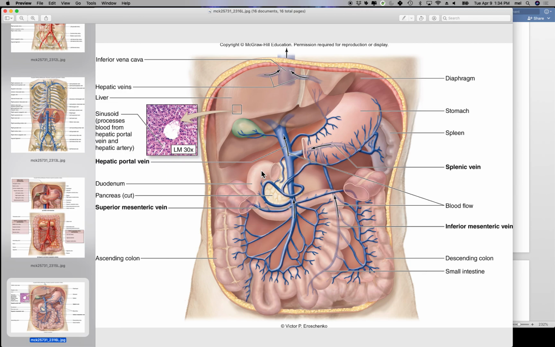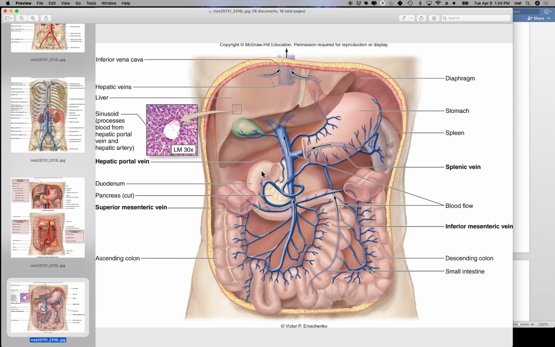They're looking to see if there's any poopy coli in there. Whoop up on it, right? Slowly, methodically, right, as it goes through these capillaries before you send it back into circulation. Does that make sense? So the blood in the hepatic veins should be different than the blood in the hepatic portal vein. Yeah? Does that make sense?